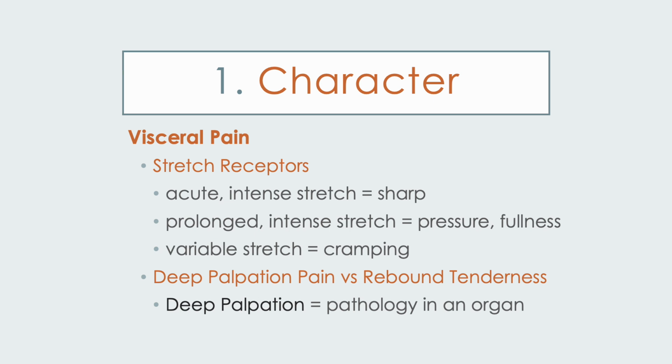What does it indicate when there is an increased pain after the rapid release of that deep pressure, known as rebound tenderness or Blumberg sign? An acute inflammation of an organ or structure, and the pain will localize to the location of inflammation. Rebound tenderness can be performed anywhere in the abdomen, and it will still localize to the site of inflammation.